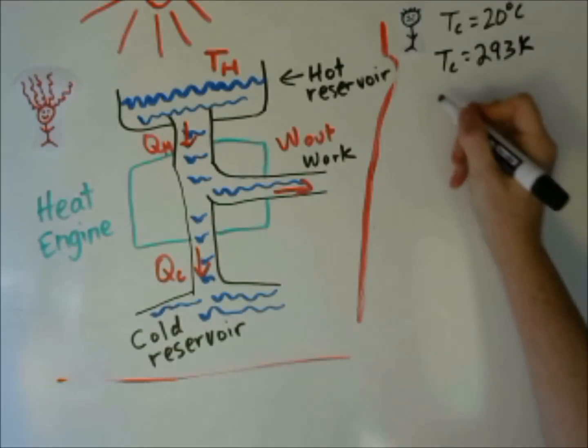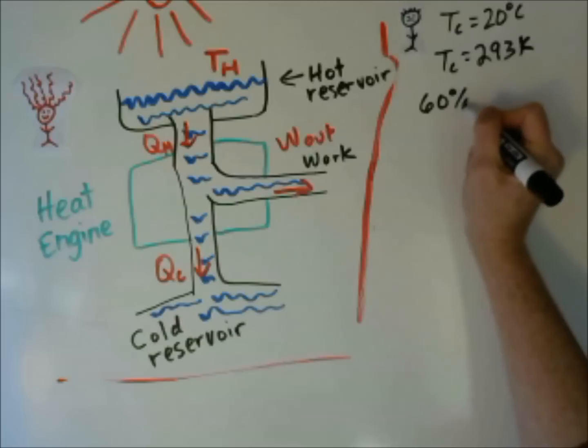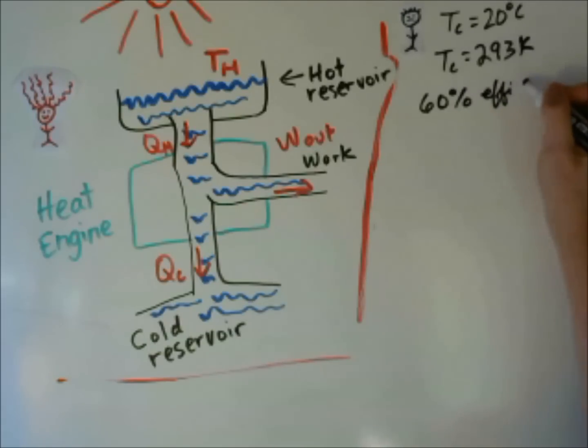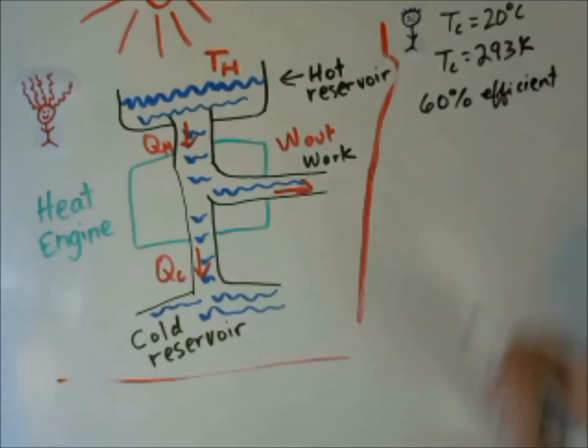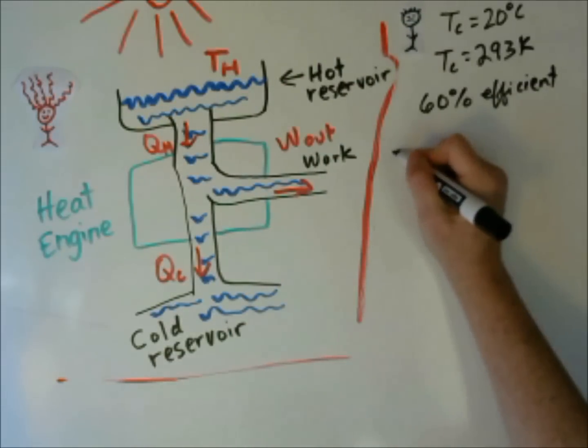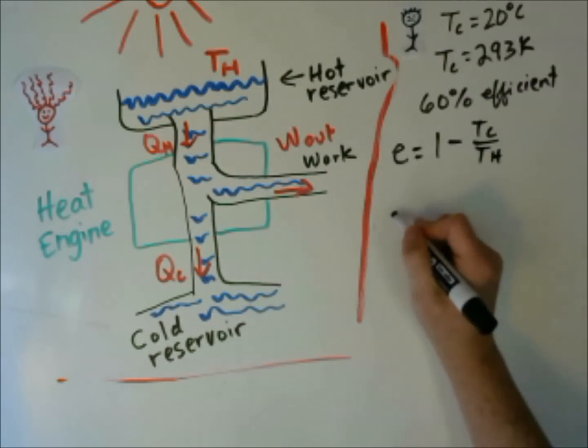He said it was 60% efficient. Let's use our Carnot efficiency equation to see what temperature the sunlight is going to have to warm the water to. Our efficiency is 60%.